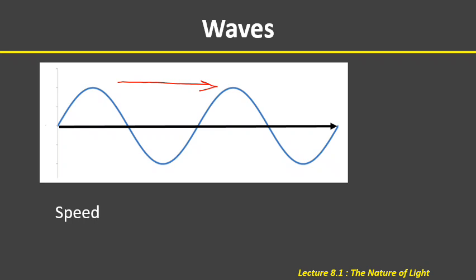Okay, different kinds of waves can move at different speeds, but for light, the speed of light is a constant, and that constant has the symbol c. So for light, the speed is given the symbol c, and that's always going to be 3 times 10 to the 8 meters per second. Okay?